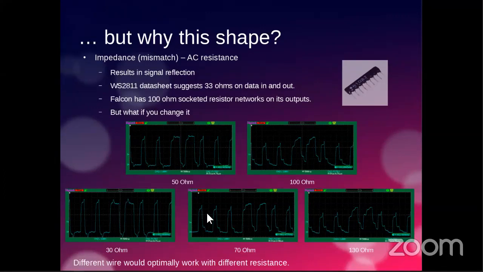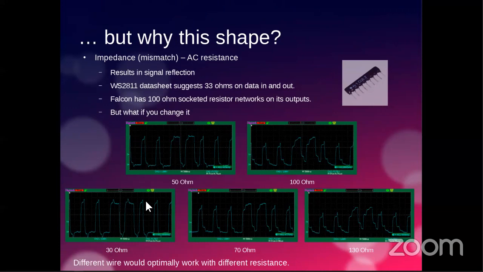You can see that it definitely produces a better signal at 30 ohms. There is a lot less of this foot on the signal. You don't have as much of this sort of stepping going on the way up. So something between a 30 and a 50 ohm here will generally produce a better value.